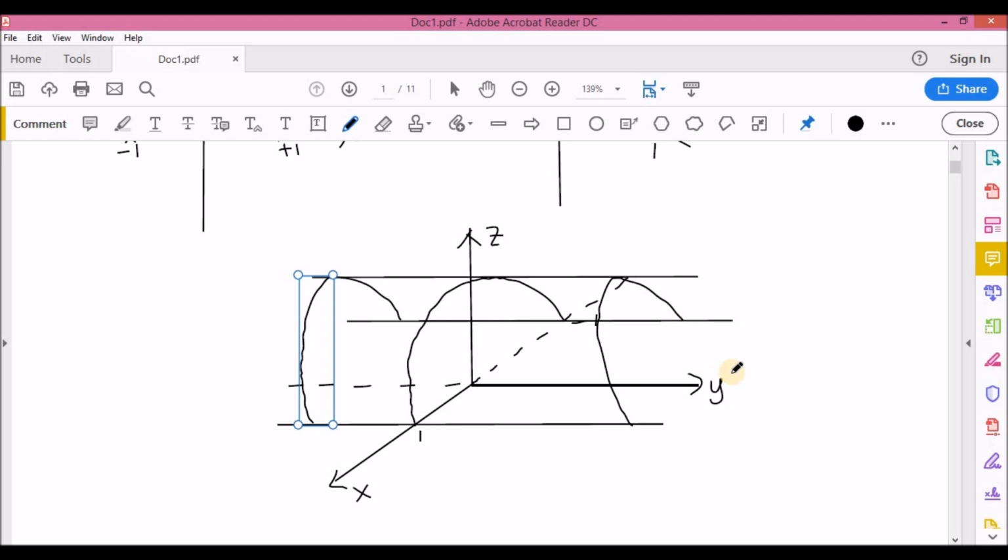Things like that. Maybe I should draw a straight line to facilitate my drawing.